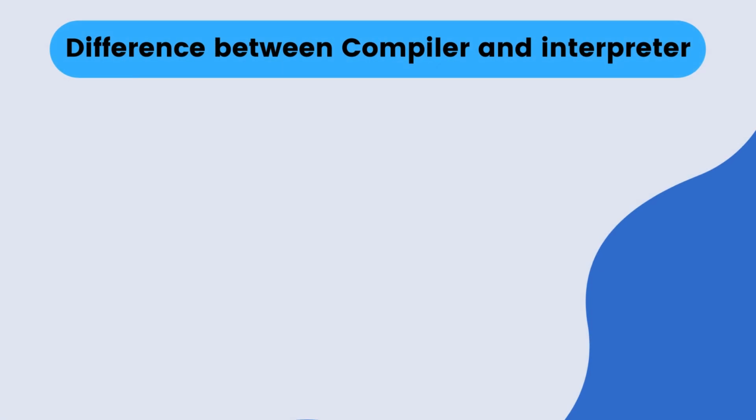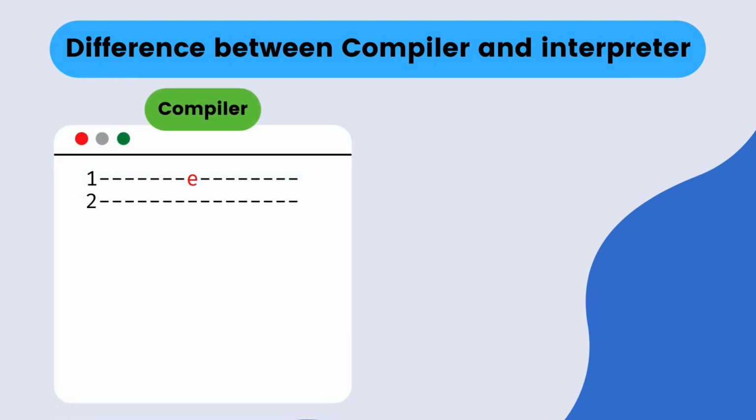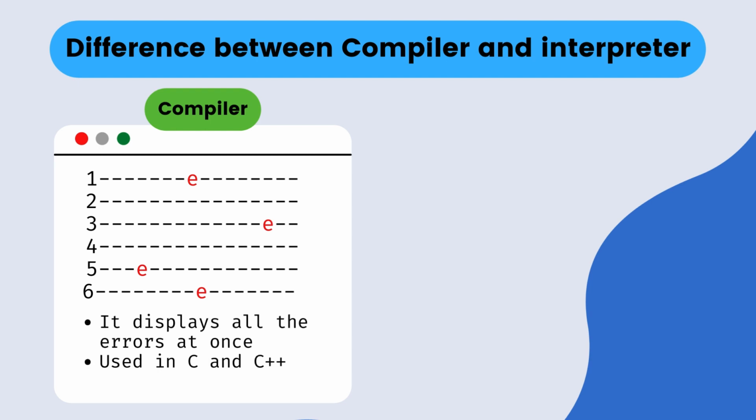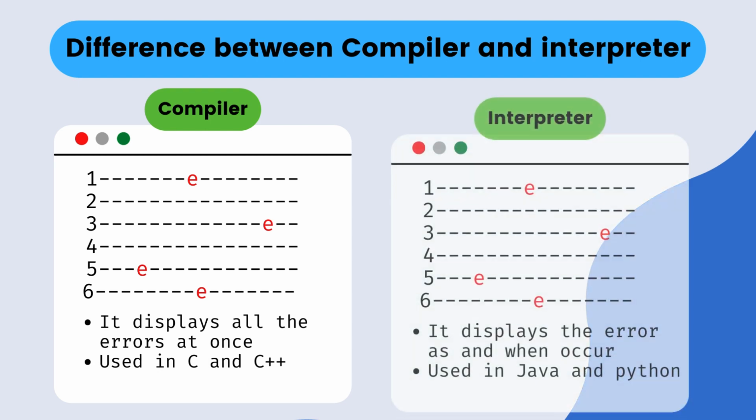What are the differences between a compiler and an interpreter? Let us assume we have written these 6 lines of code. This code contains some errors at different locations. The compiler will read the entire code, line by line, and display all the errors in a box. The box contains line numbers and errors. C and C++ use compilers.